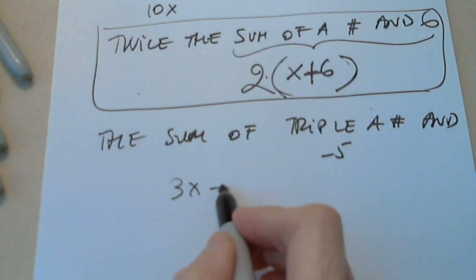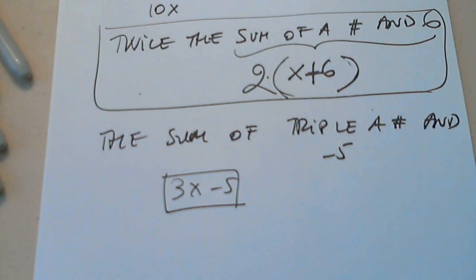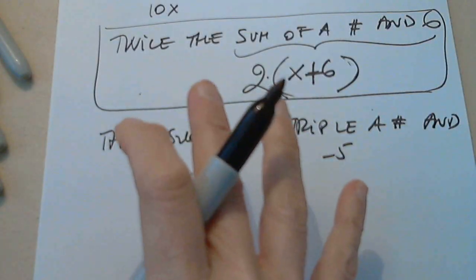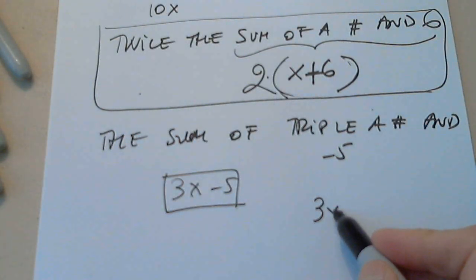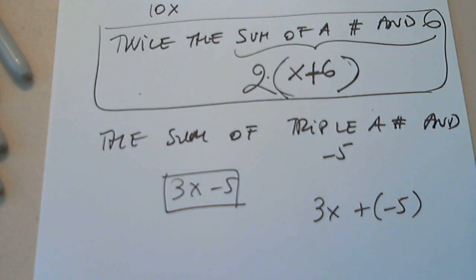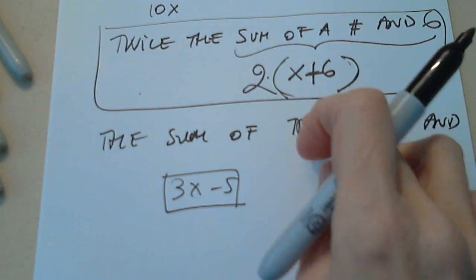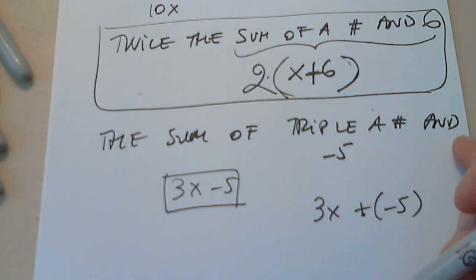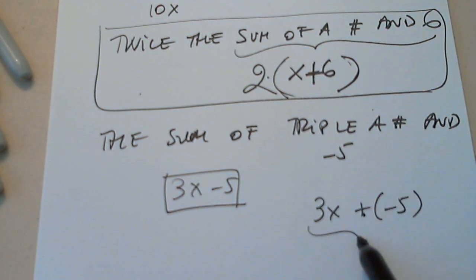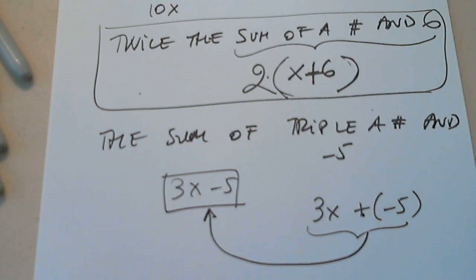The sum of 3x minus 5. You can say, well, where's the sum? Okay, you can write it like this first. The sum of triple the number and -5. But still, this translates into this. Any questions?